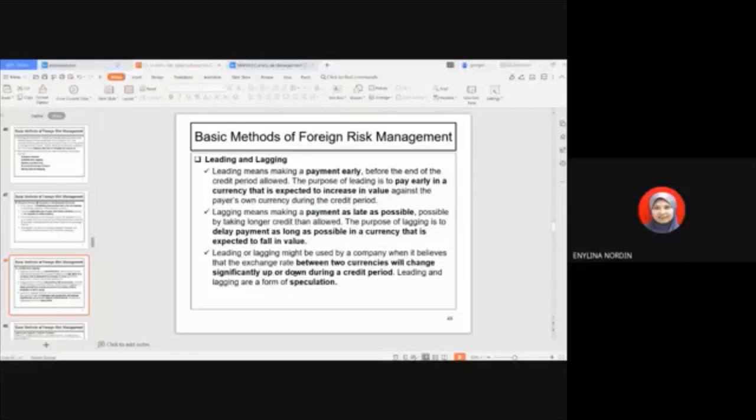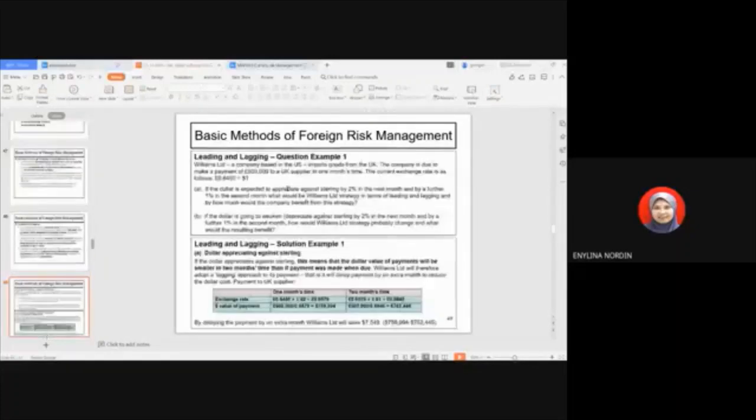We refer to the example. In the example, it is stated that a US company imports goods from the UK, and the company is due to make a payment of 500,000 pounds. So the payment is in pounds, which you have to take note of.